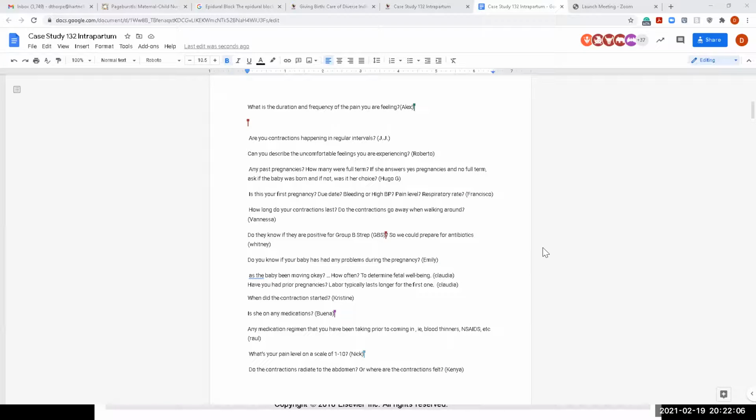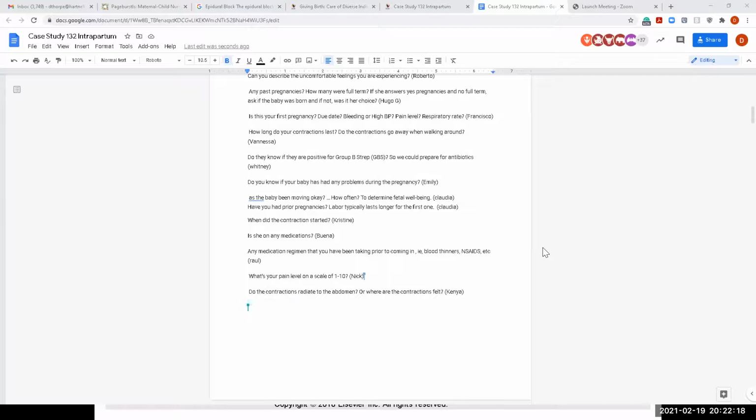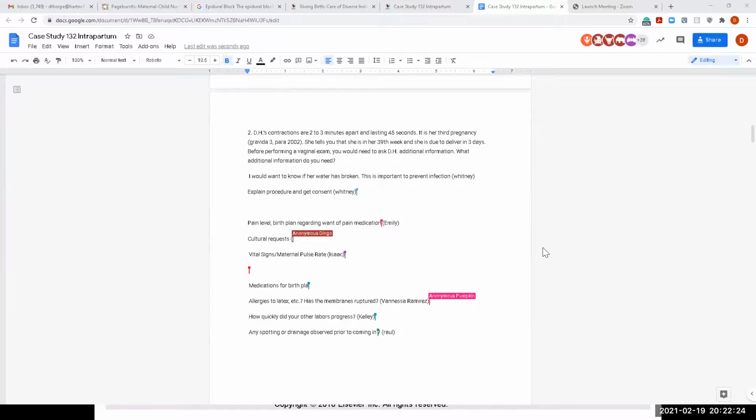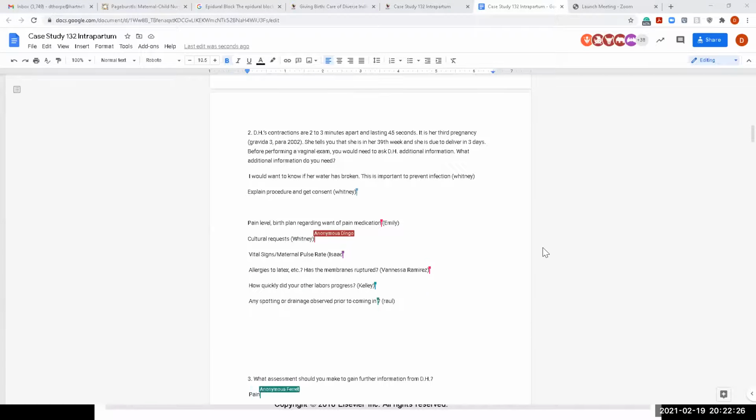Just because you know that their labor is going to be a little longer, typically, not always true. And has your water broke? And when is your due date? Those are kind of the 4 questions. So due date, water broke, is this your first pregnancy? And when did your contractions start and how long are they lasting?